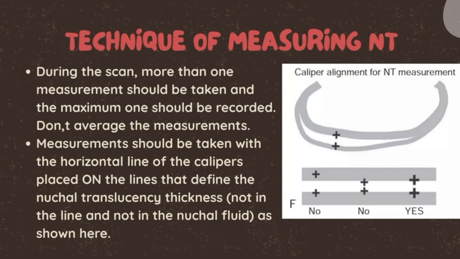The calipers must be placed correctly, with the horizontal line positioned on the inner border of the nuchal translucency space. As you can see in the figure, the calipers should not be placed on the skin line or within the fluid itself, as incorrect placement can lead to inaccurate results.